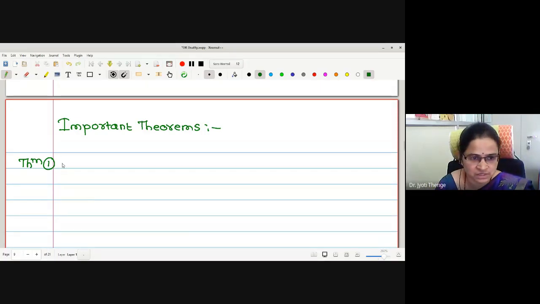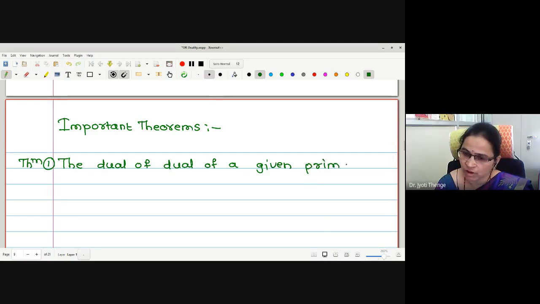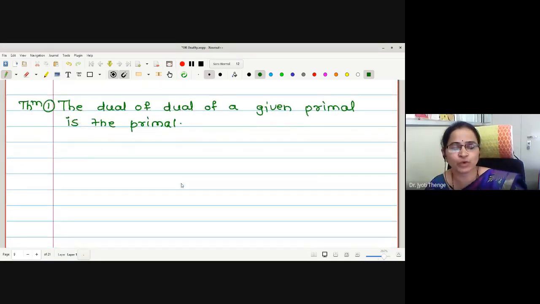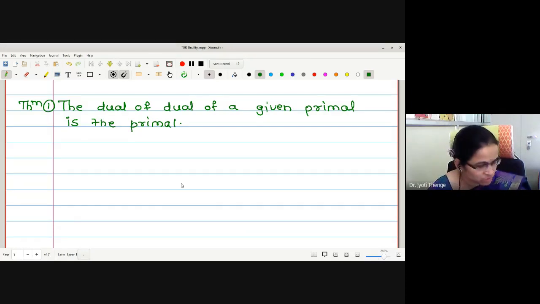The dual of a given primal is the primal. Try to understand the statement. Dual of dual means what? Whatever primal is given to us, we find the dual twice. And after finding the dual twice, the second dual we obtain is nothing but the original primal problem. You can check it orally also.